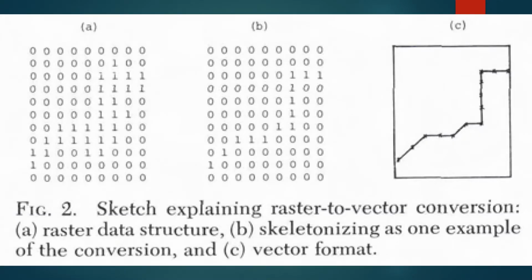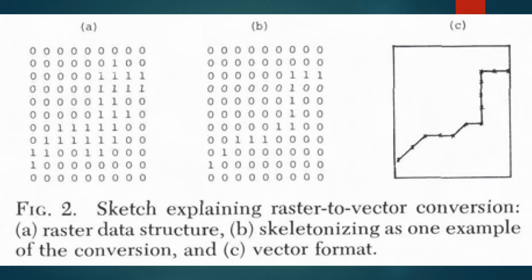From another one of my sources, which is titled Raster Scanning for Operational Digitizing of Graphical Data, a 1982 article, it's talking about extracting vector data from raster data. You can see the first image is the raster data structure, and the second image is where the image is skeletonized as one example of the conversion.